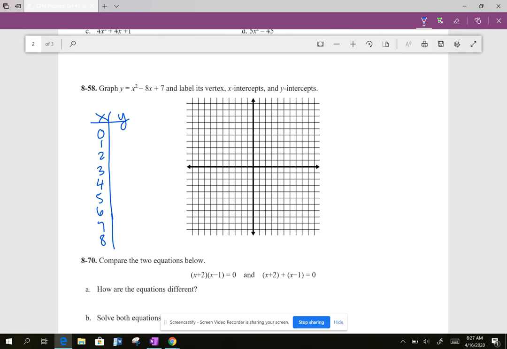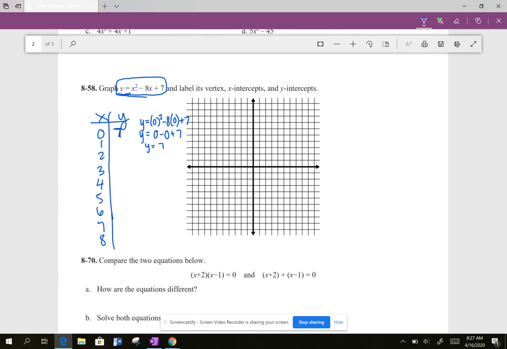So for example, if you plug in 0 for x into y equals x squared minus 8x plus 7, you get y equals 0 squared minus 8 times 0 plus 7. That's 0 minus 0 plus 7, which is just 7.